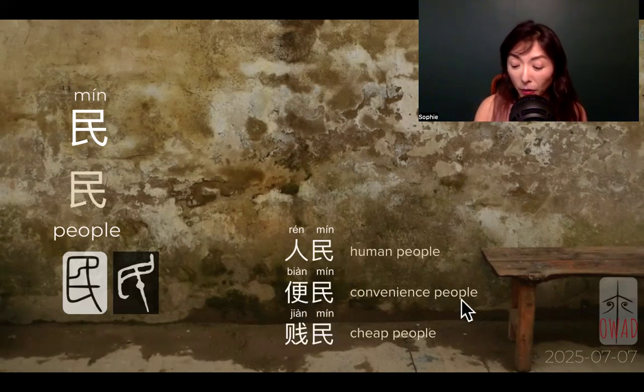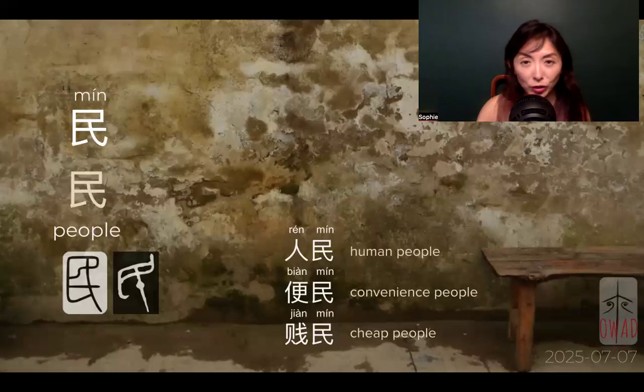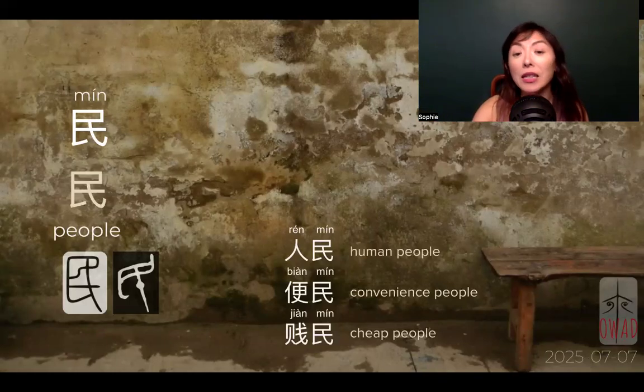So convenience people was often put on the signage of some corner store. It's kind of like the 7-Eleven in China back then that would put this 便民商店. So for the people's convenience, shopping commodity 店 store. That's the common application of that.